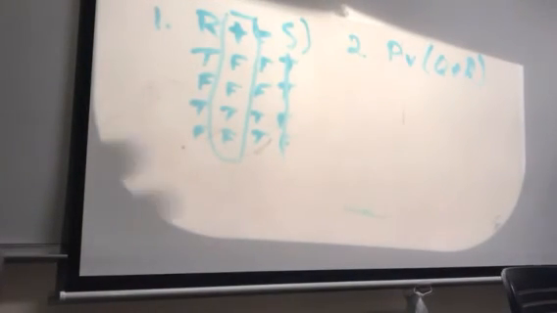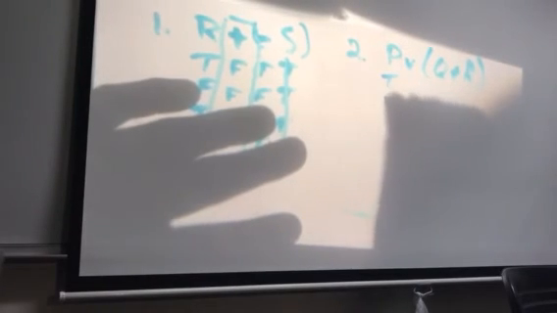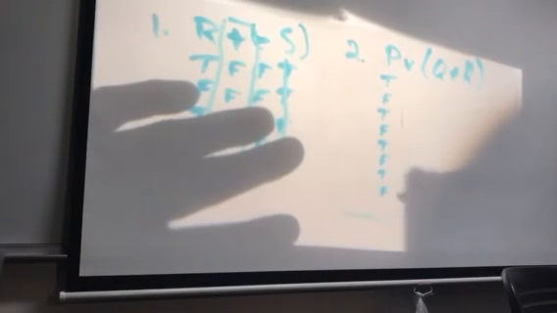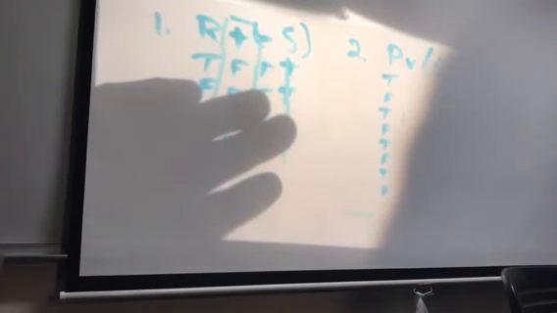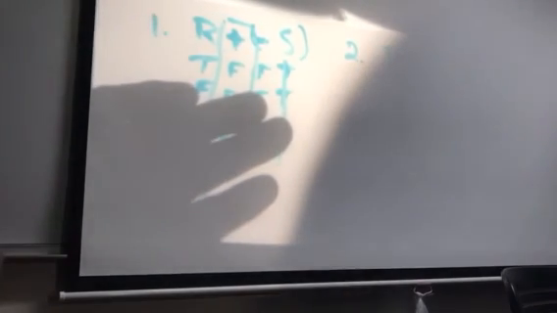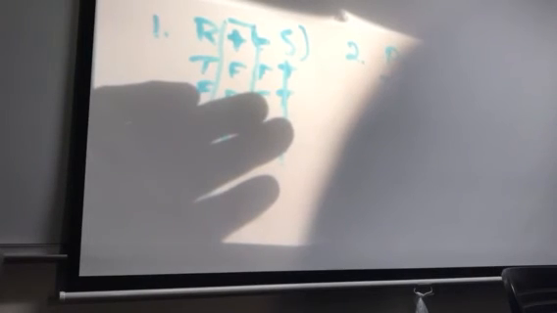So we're going to start off, and P is going to be true, false, true, false, true, false, true, false. Everybody agree on that? And then Q is going to be true, true, false, false, true, true, false, false. And R is going to be 4 trues and 4 falses.